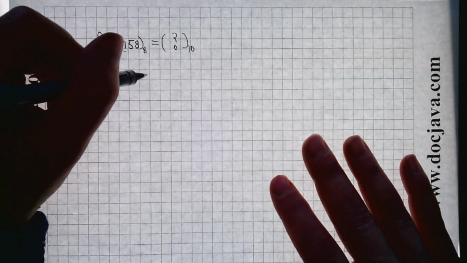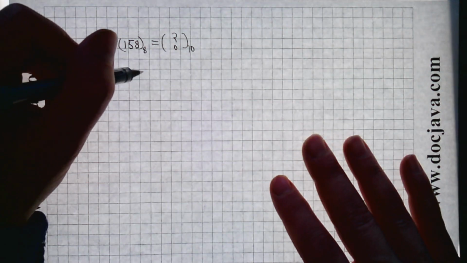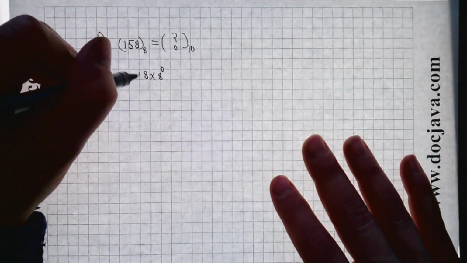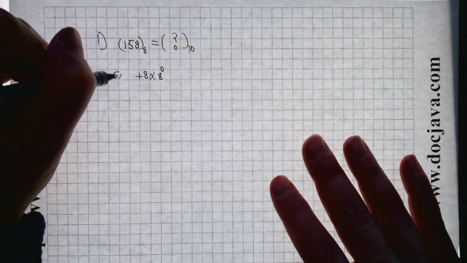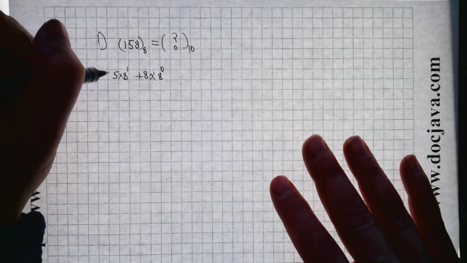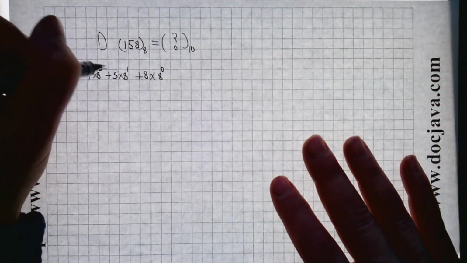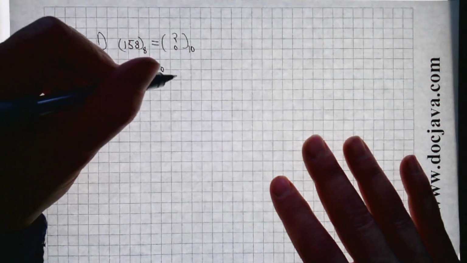Yep, that's correct. We call it positional notation. So it's 3 times 8 to the 0 plus 5 times 8 to the 1 plus 1 times 8 to the 2.